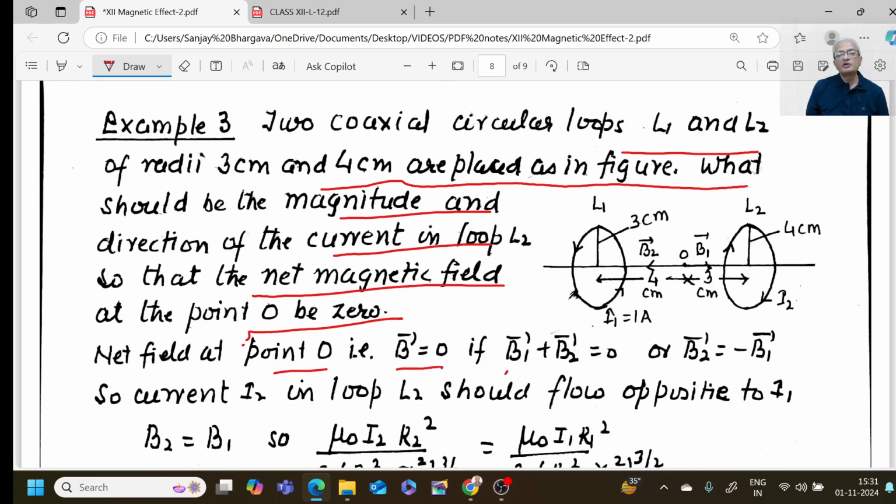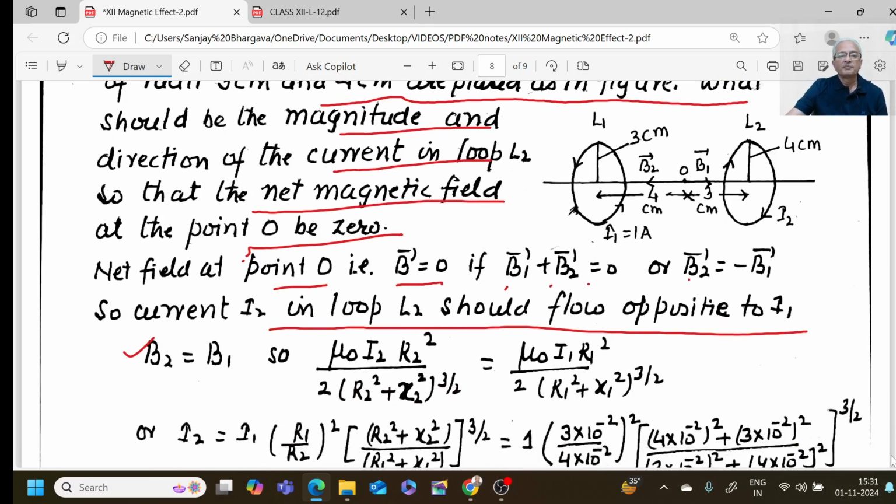B1 is the magnetic field due to the first coil and B2 must be the magnetic field due to the second coil. Both the magnetic fields must be equal and opposite. So the current I2 in the loop L2 should flow opposite to that of I1, so that it generates a magnetic field in the opposite direction. Both the magnetic fields are supposed to be equal in magnitude, so B2 would be equal to B1.